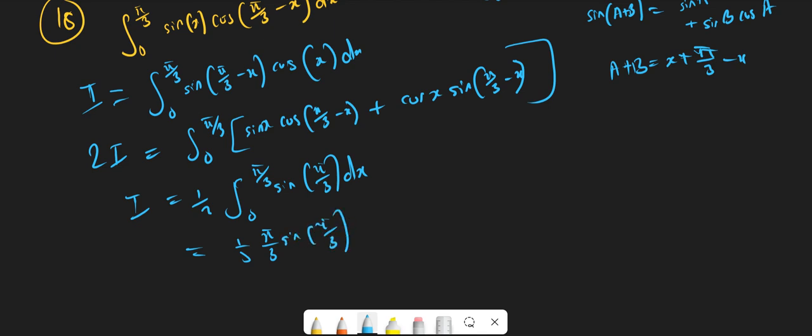Sine of pi over 3 is square root of 3 over 2, which gives pi square root of 3 all divided by 3 times 2, so pi square root of 3 over 12 is going to be our final answer.